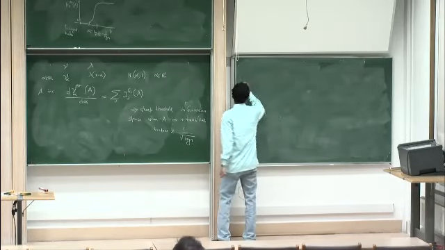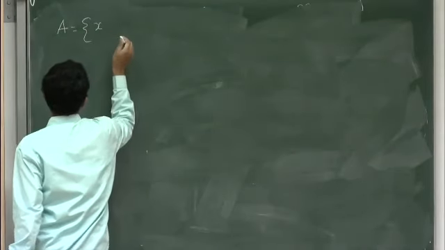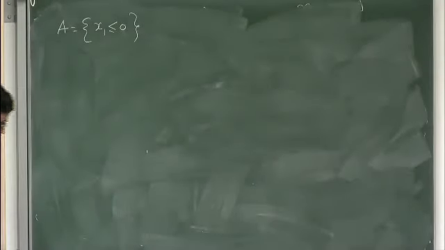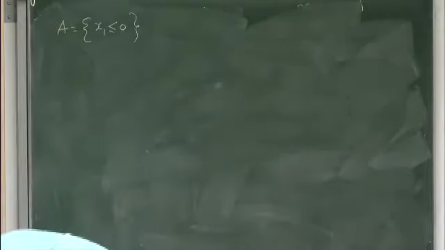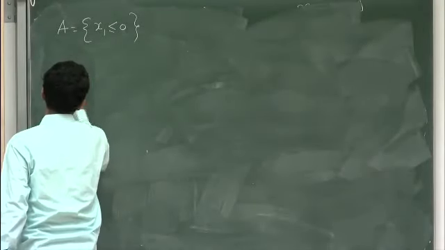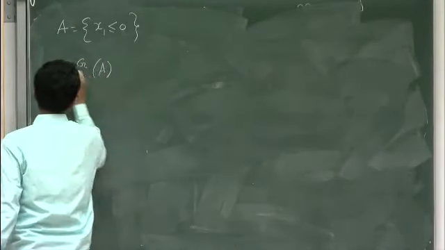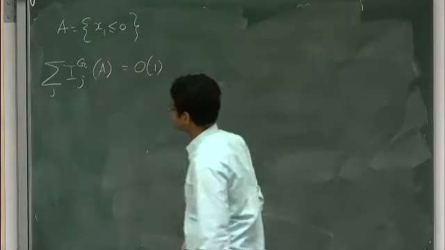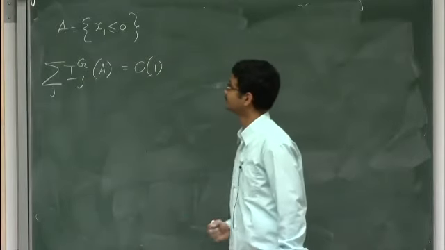For example, suppose my set A is this half space, the first coordinate is less than or equal to 0. Then the sum of the geometric influences of A is of order 1, because the first coordinate is of order 1 and the rest of the coordinates are 0.